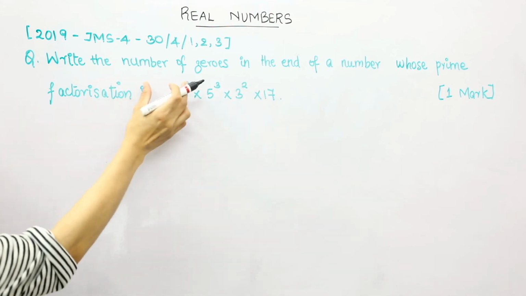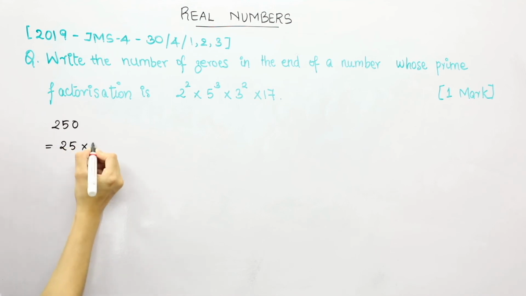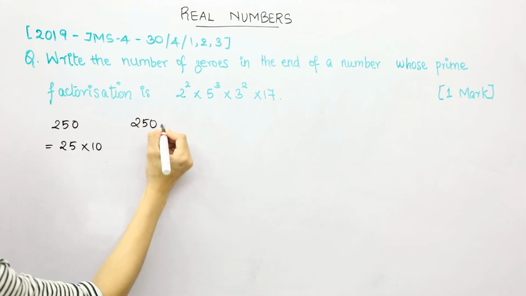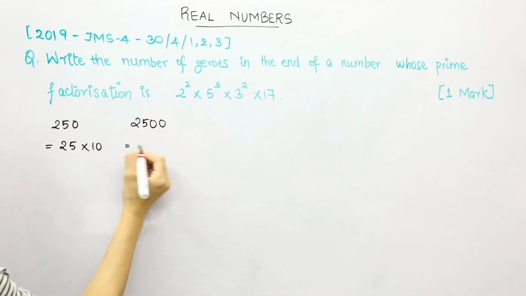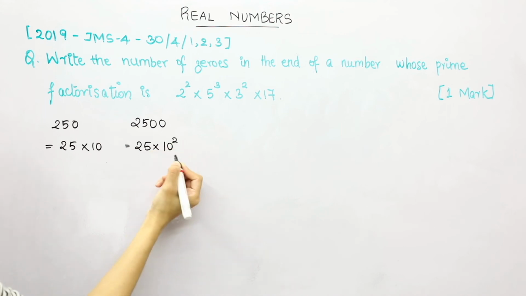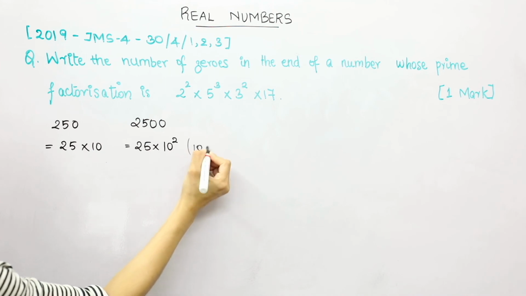The number of zeros in the end of a number will also be the number of times 10 appears in its factorization. To understand this, let us take the example of the number 2500. 2500 is 25 into 10 square, or this is the same as 25 into 10 into 10.